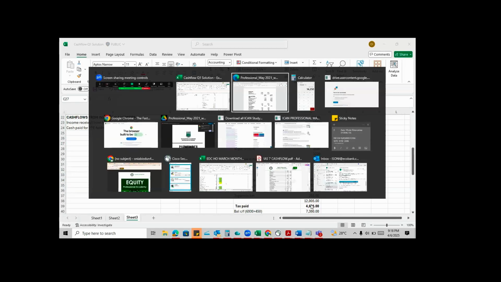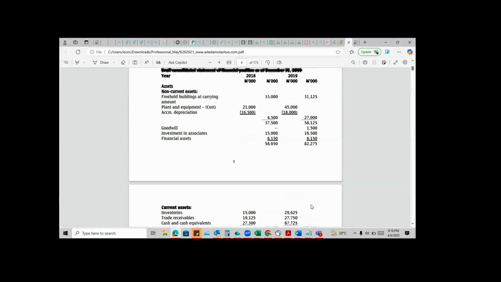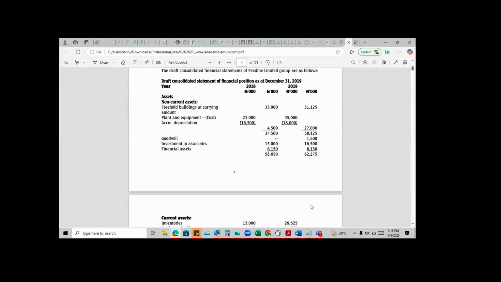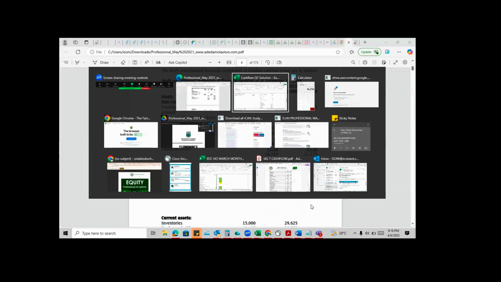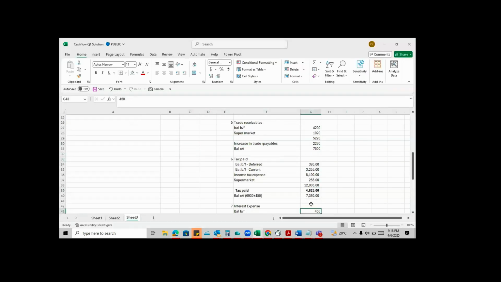Let me see. We made mention of investment in associates under non-current assets, right? Okay, we invested in associates, and we probably have received dividend. All right. Okay, this one is quite straightforward.